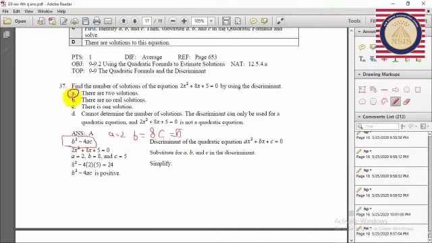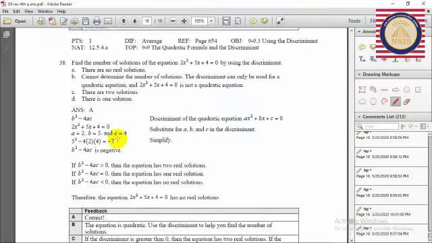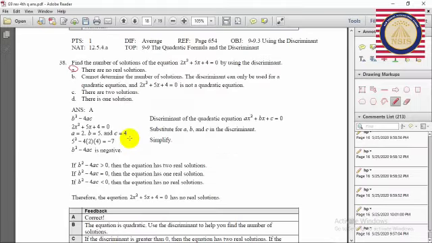So A, I have two solutions. If it's negative, I have no real solution, okay? If I find it negative, so I have no real solution, very good. If I have it 0, do you remember?